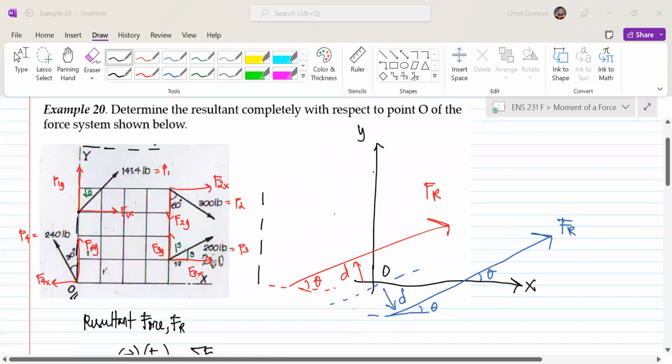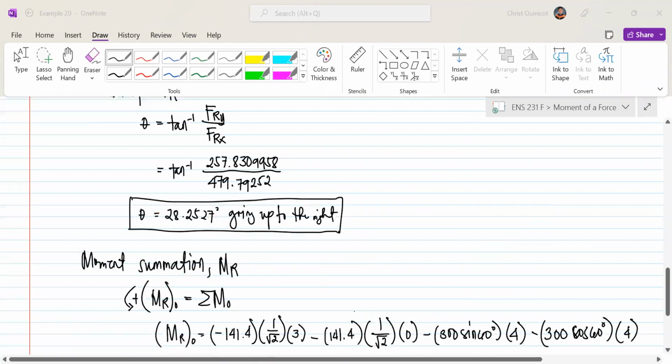So we have accounted F sub 3, and again, let's just write F sub 4.